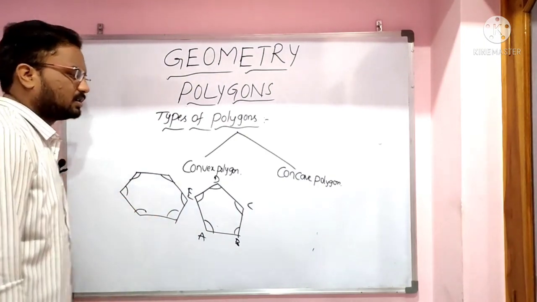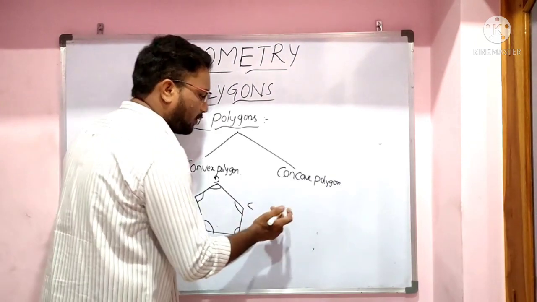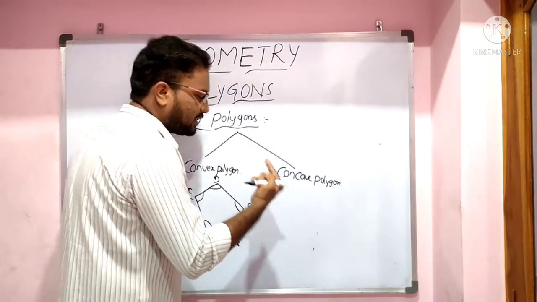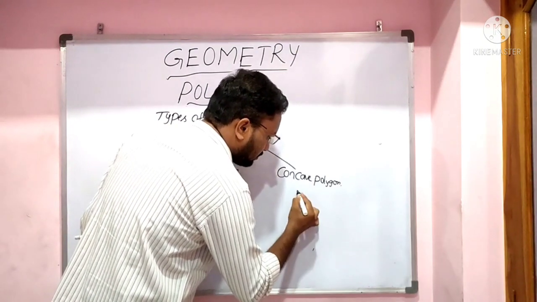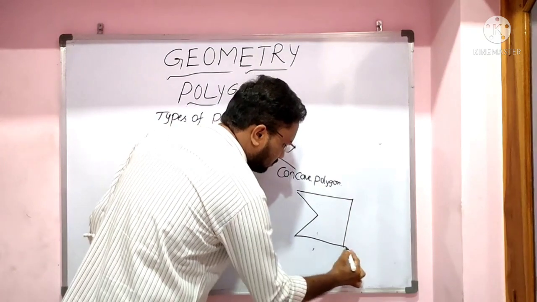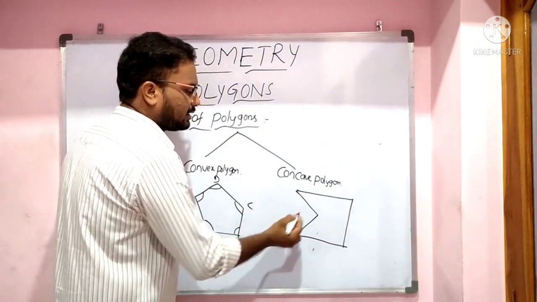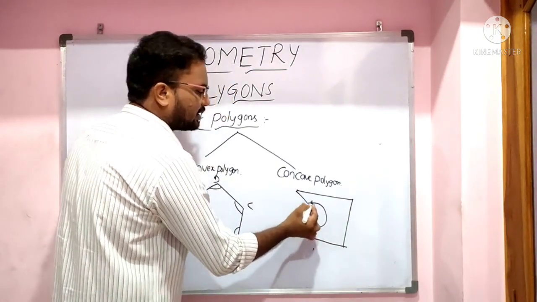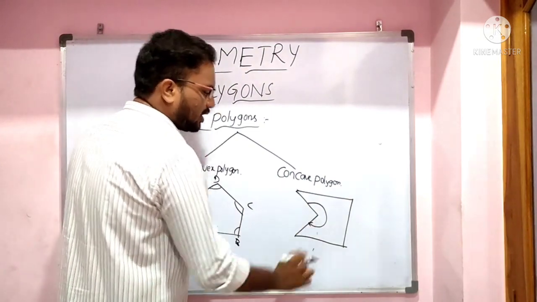Next, what is a concave polygon? If in a polygon at least one interior angle is greater than 180 degrees, so this interior angle is greater than 180, hence it is a concave polygon.